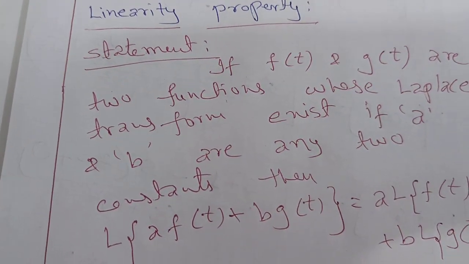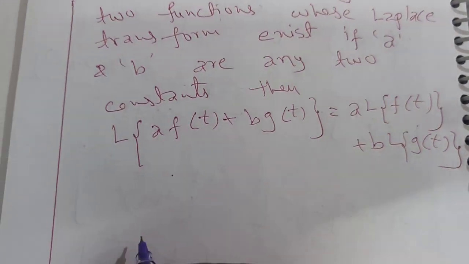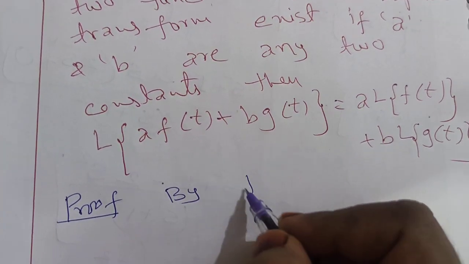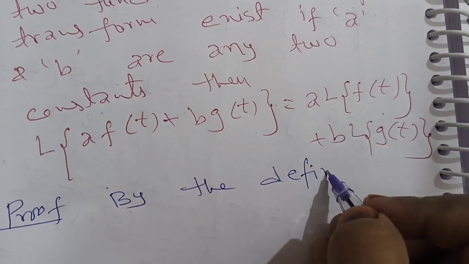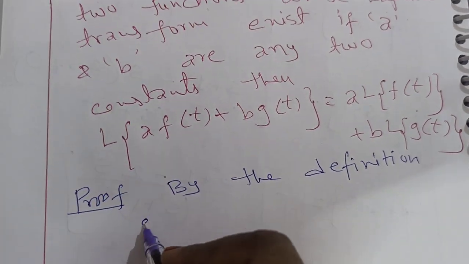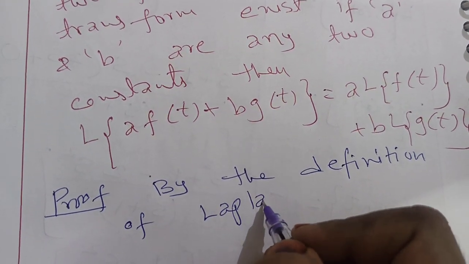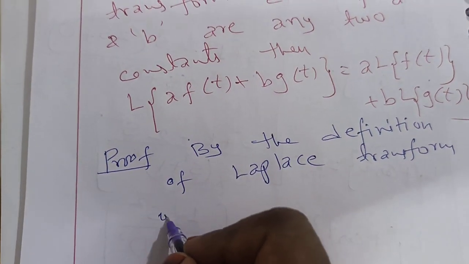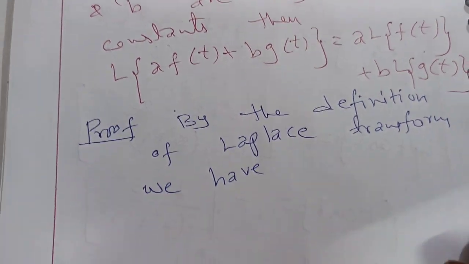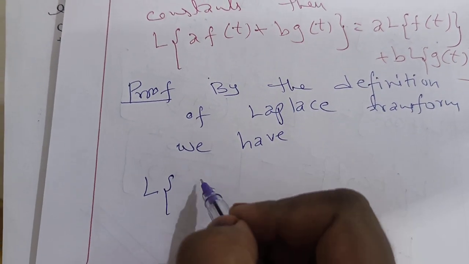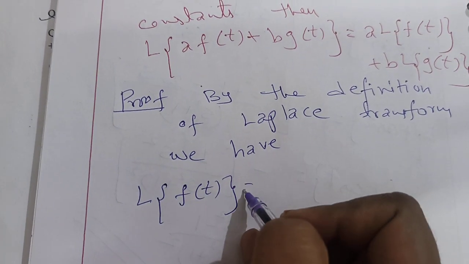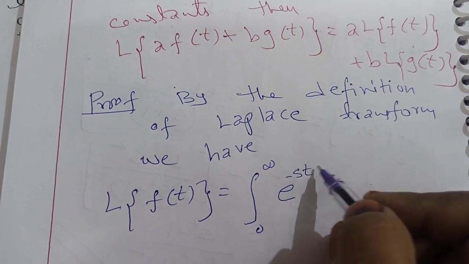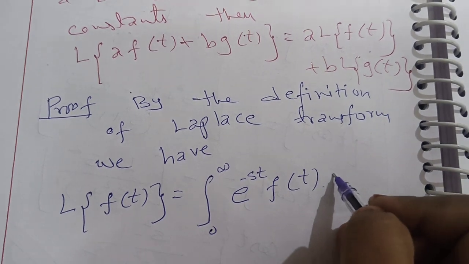So in the proof we will write, by the definition of Laplace transform we have L of f of t is equal to integral 0 to infinity e to the power of minus st into f of t dt.